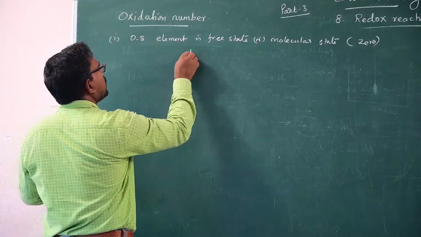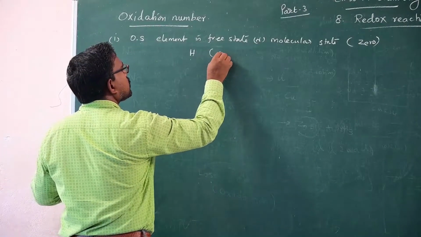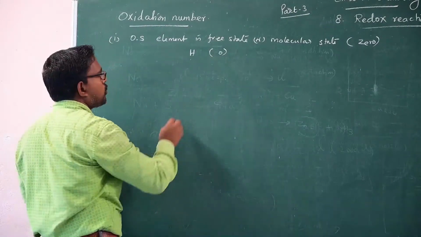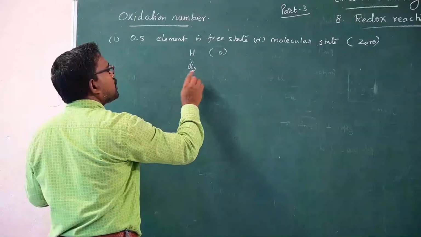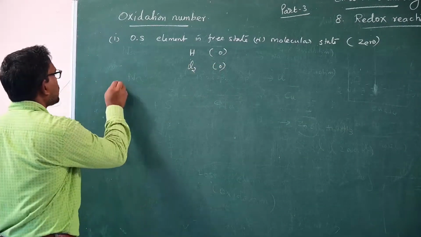For example, hydrogen in the free state, its oxidation state is 0. Chlorine in the molecular state, its oxidation state is 0. This is the first point.